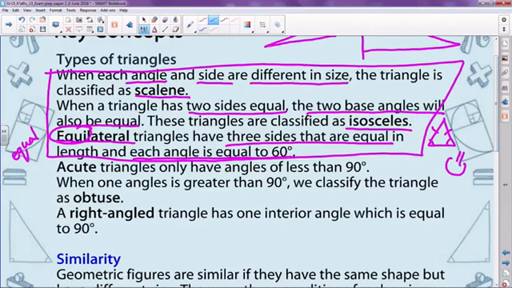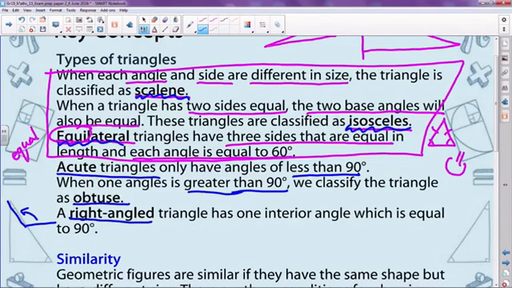Then we also have acute triangles, but acute triangles can also be scalene, or isosceles, or equilateral. So it could be an acute equilateral triangle, but acute triangles only have angles of less than 90 degrees. When one of the angles is greater than 90 degrees, we classify the triangle as obtuse. You'll remember an obtuse angle is anything that is more than 90 degrees.